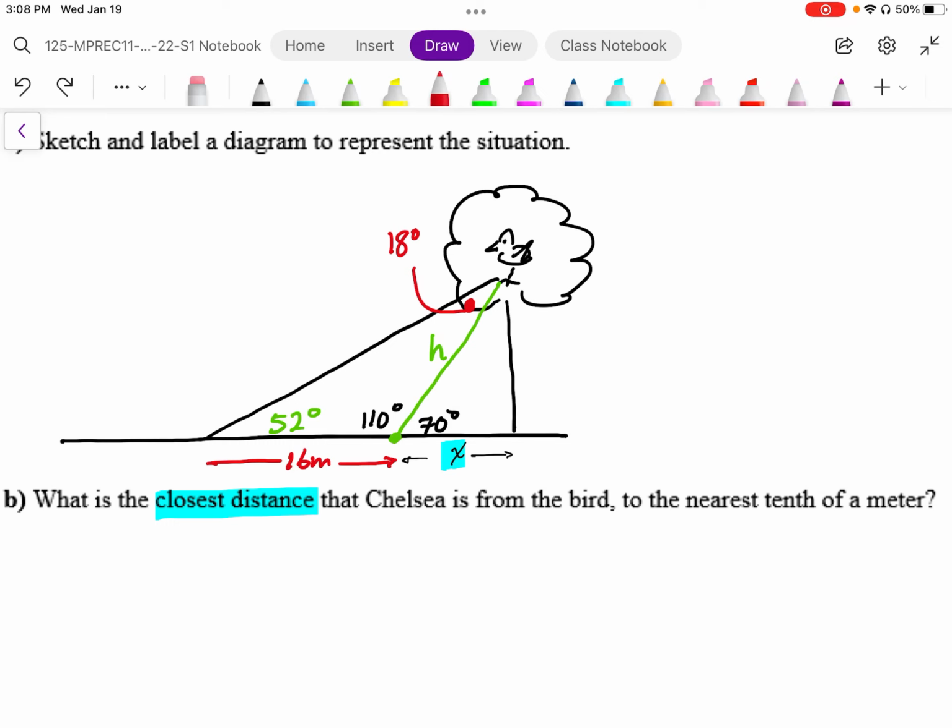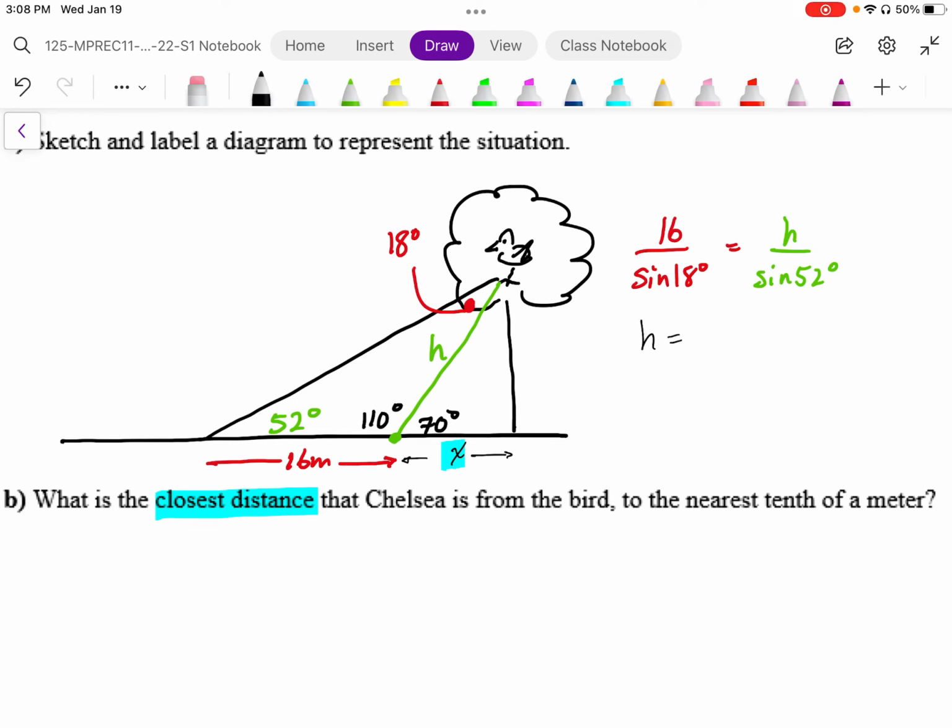So now I have a pair: 16 meters pairs with sine of 18 degrees. That means I can pair up any other side. So I'm going to pair up the h side with 52 degrees. So h over sine 52 degrees. I can now solve this for h.